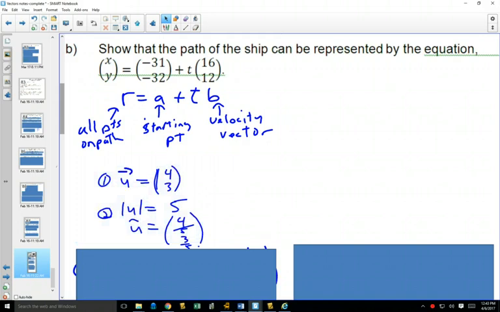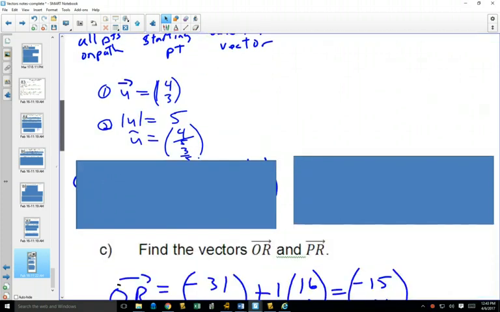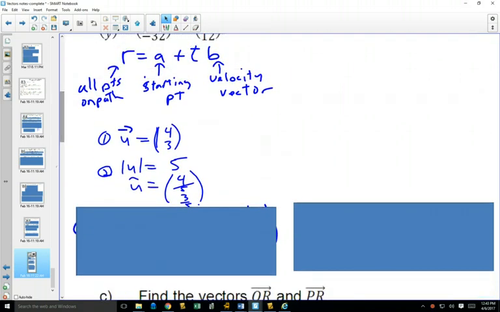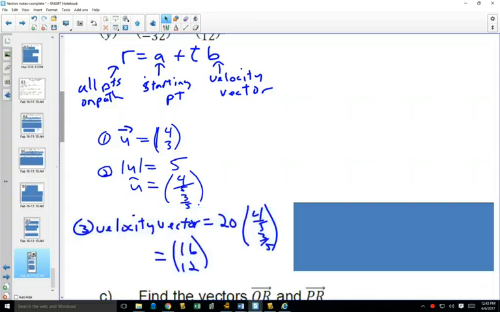Now, we know our direction vector is 4, 3, and the length of 4, 3 is 5. So that means if the velocity vector was 4, 3, it would be traveling at 5 kilometers per hour. From that, we could find our unit vector by dividing by 5. And then once you have your unit vector, if you want to find your velocity vector with a speed of 20, all you need to do is multiply that unit vector by 20.